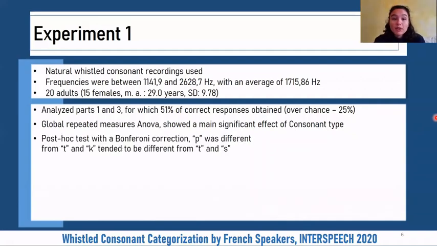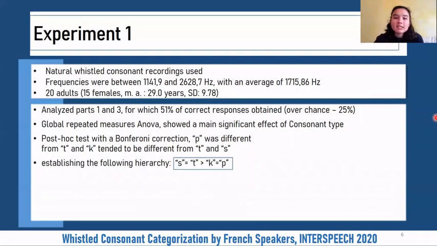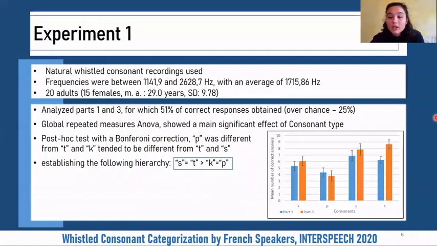We then applied a post hoc test with the Bonferroni correction, where we found that P was different from T and K, and that K tended to be different from T and S. So using these post hoc results, we can establish the following hierarchy, which is that S was recognized as well as T and better than K and P, which we can see in this diagram that overall S and T were better recognized than K and P.